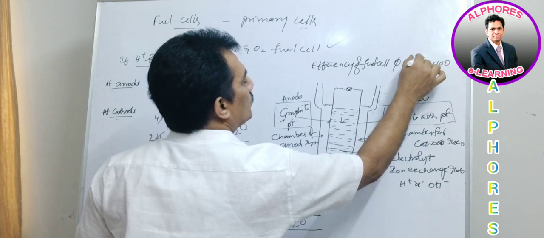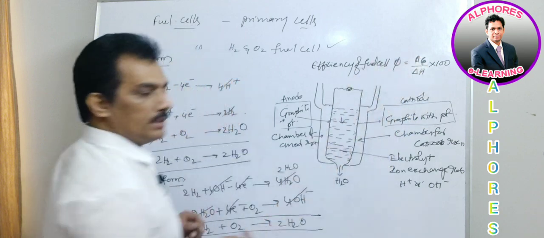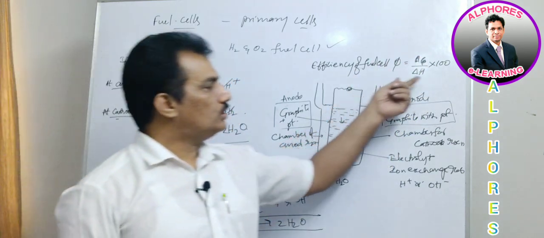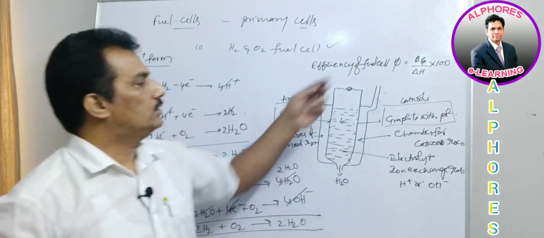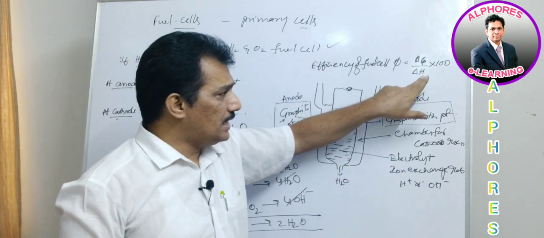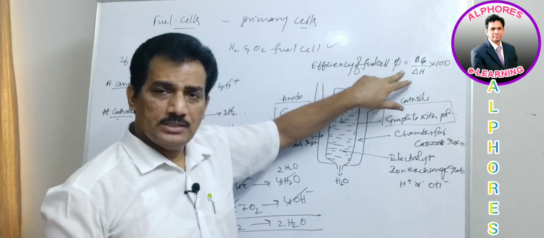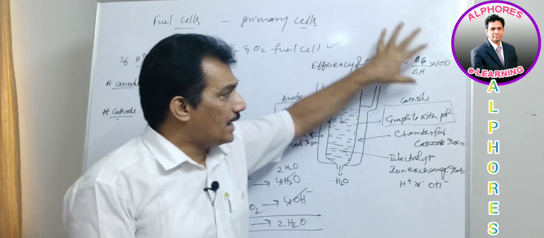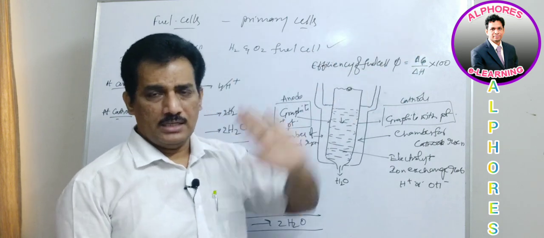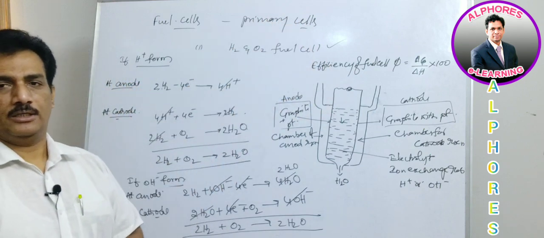I think you know this. Delta G is the Gibbs free energy change, and delta H is the enthalpy change during this reaction. This delta G by delta H into 100 will provide the efficiency of the fuel cell. Theoretically it is 100, but in practical observation it is less than 100. Clear? Like this the fuel cell is working.